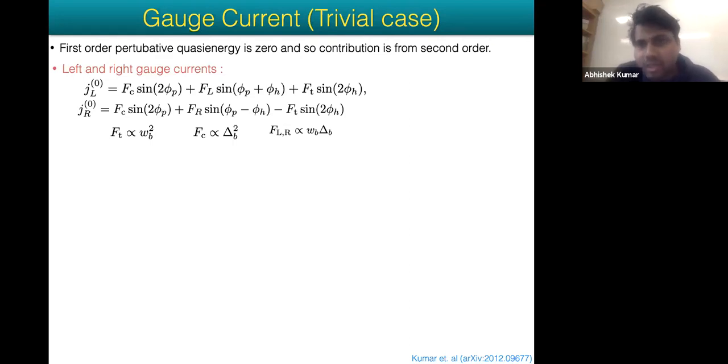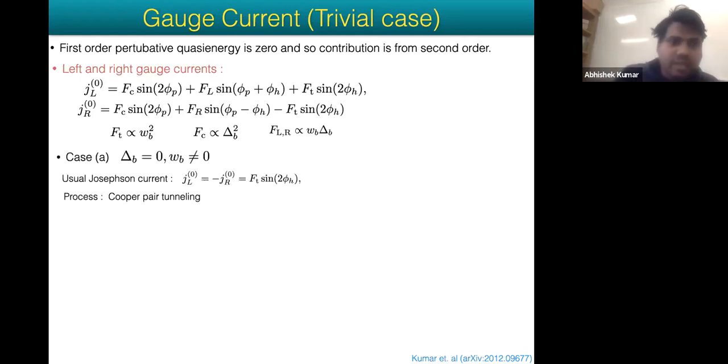Only we get the second order contribution. And after calculating the quasi energy, we can get the left and right gauge current, which we get here. And here we see that these different coefficients depend on WB and delta B. All these dependences are quadratic in nature.